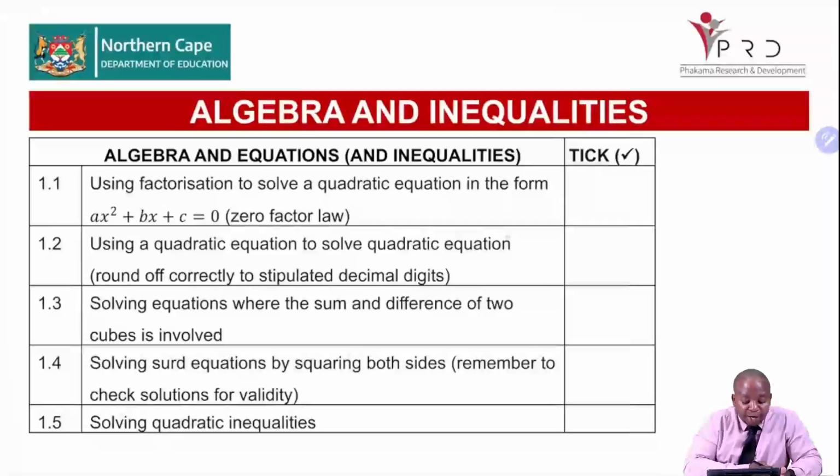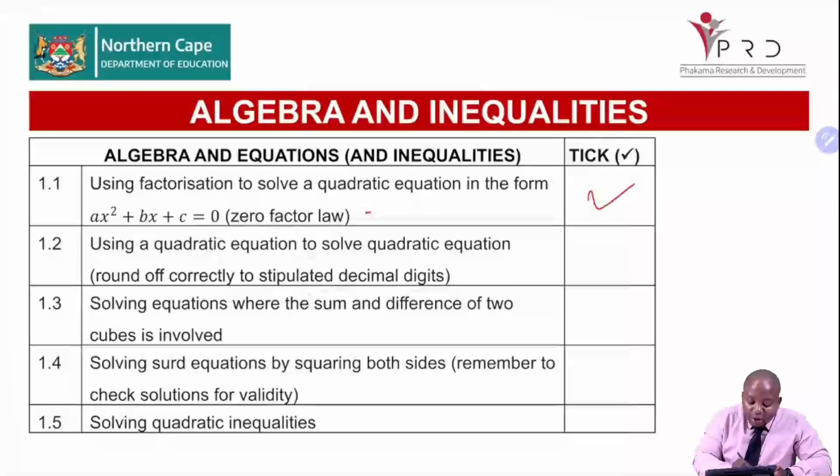So for 1.1, the first thing that I must look at is to use factorization to solve a quadratic equation in the form of the trinomial ax squared plus bx plus c equals 0. Am I able to use the zero factor law to factorize this? Am I able to use the quadratic formula to solve quadratic equations?